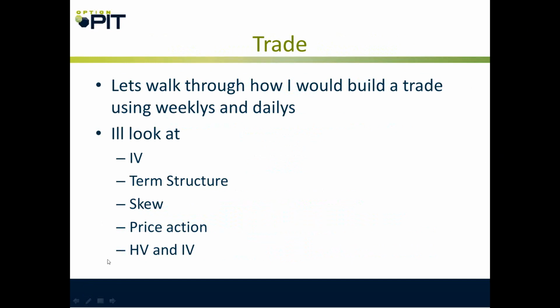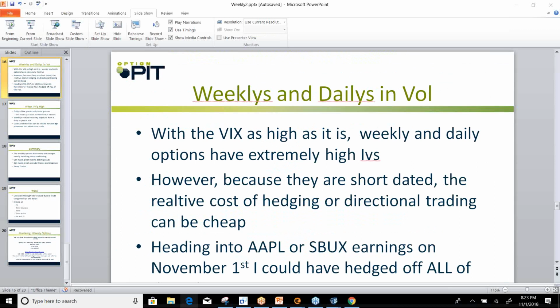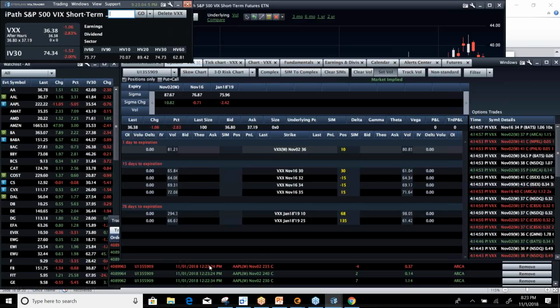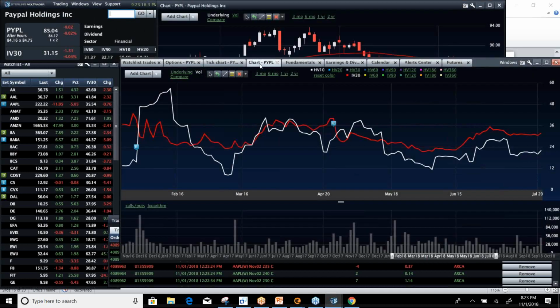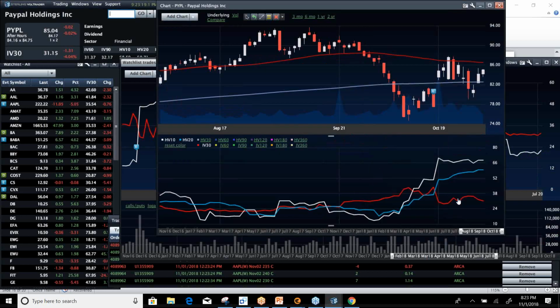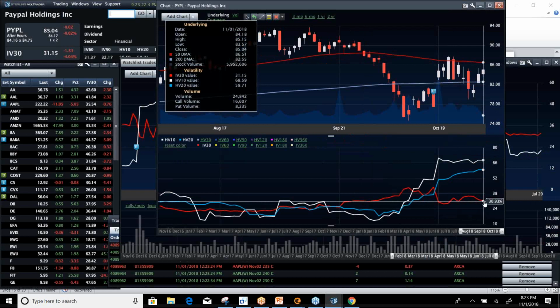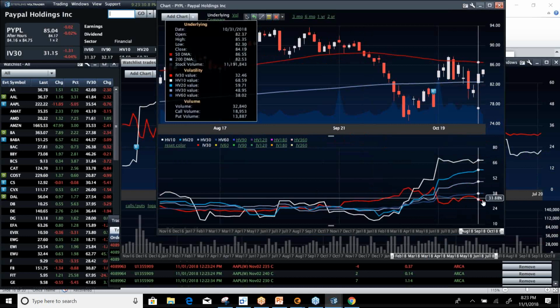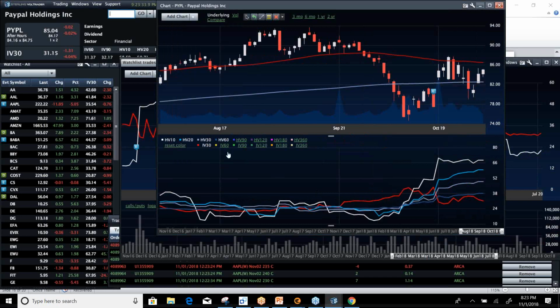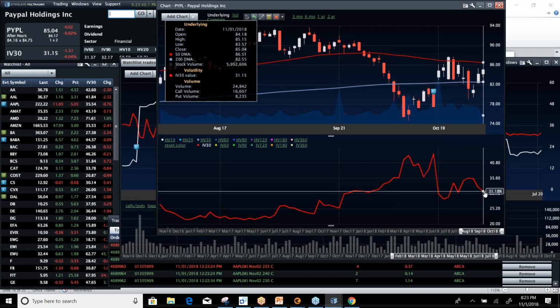So we're going to look at PayPal. Let's start with a vol chart, because we need to know what PayPal is doing. What does the vol look like in PayPal? What's the first thing you notice? If I just look at implied volatility, would I think it is high or low?